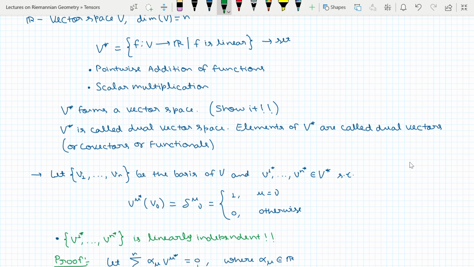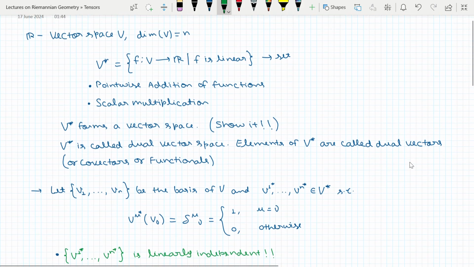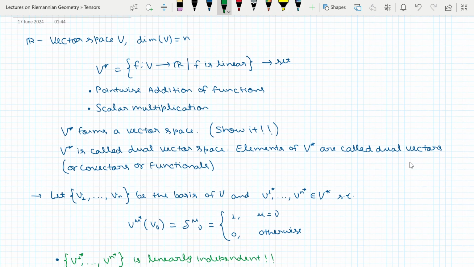All this construction of the V star, I hope you have understood. But you see, one more thing: I took the vector space V and using that I constructed another space which is V star. But V star is also a vector space.